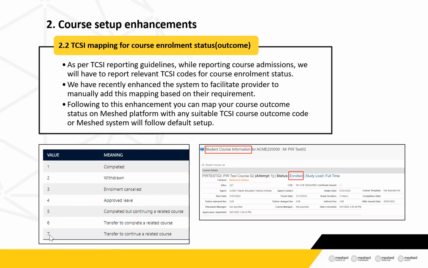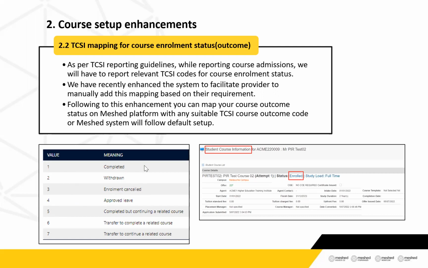But we have seen that most of the time providers are using multiple status codes in our system. So what you can do is provide your mapping to us, what is the relevant mapping that you would like to use for that course outcome, and we will do that mapping for you. So next time when you are reporting the course admission packet, the correct value will get reported. If this mapping is not provided, the system will just follow the default mapping.